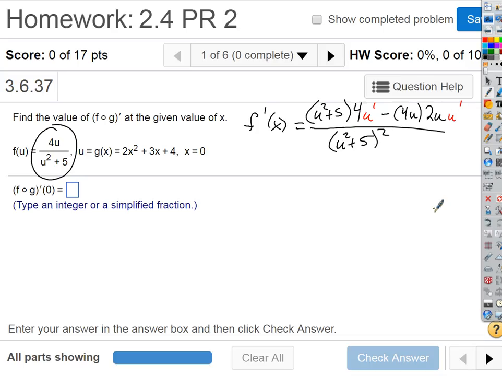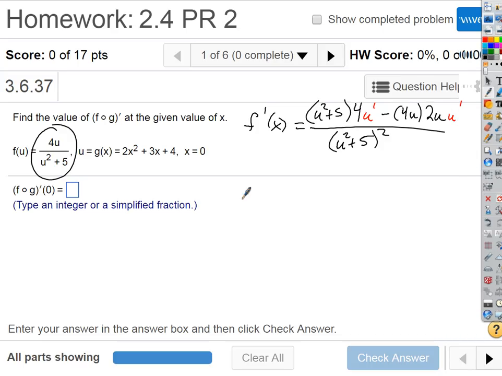Okay, good. So now notice what we can do here. Whenever we do something like this, this is a pattern that we see. We see a factor of u prime in each of those parts of the top, don't we? So we could, if we wanted to, just pull that out, and we'd end up with, if we did that, what do we get?